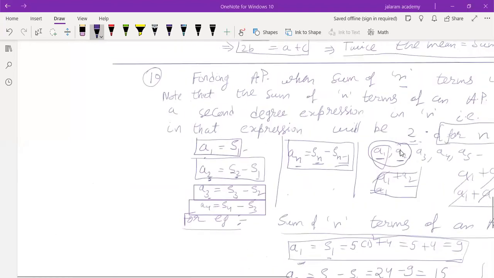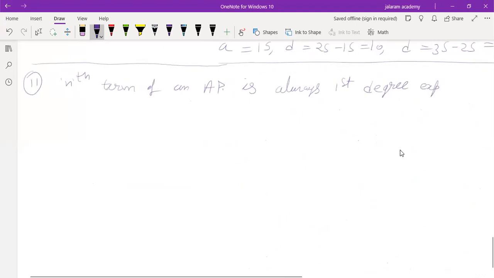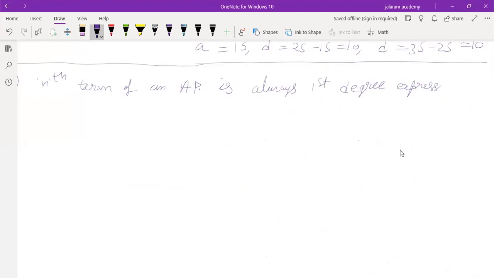Now the last rule: the nth term of an AP is always a first degree expression in n.